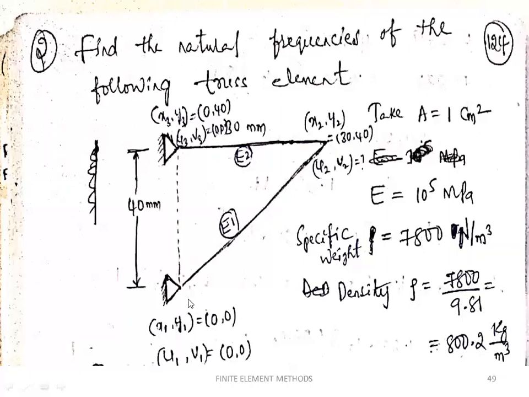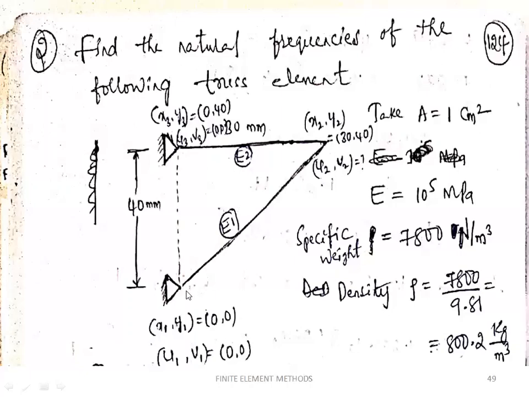Now let us try to find out the coordinates at each and every elemental nodal point. There are two elements. In the first element, the first end is fixed, and let us call this nodal point 1, and the free end nodal point 2.